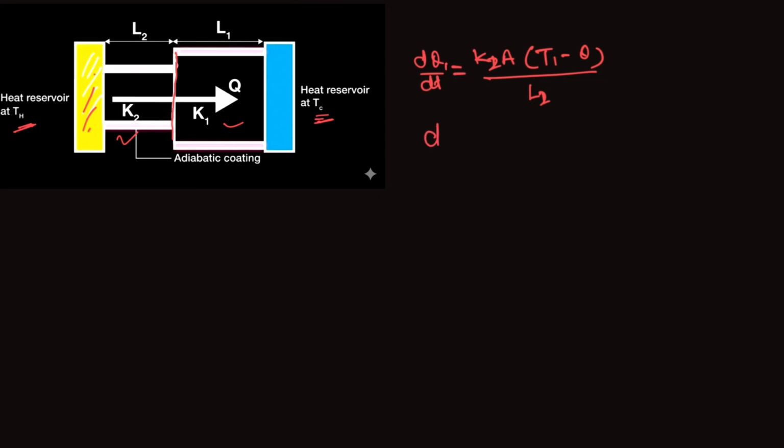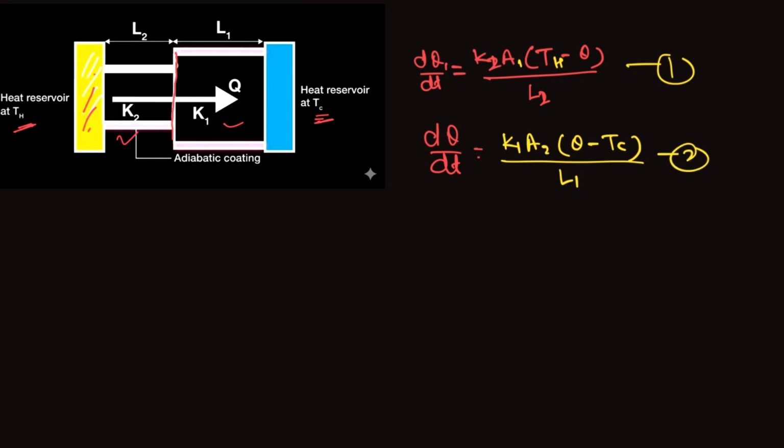And if I apply the same formula for the second case, dQ/dt will be equal to K1 A1, and this one is A2, that is (theta minus Tc), where this is Th and this one is Tc, divided by L1. Now if I equate equations 1 and 2, how can we equate them? Because whatever current is flowing from this to this, the same amount of current will flow from this to this one. It means the current flow will be the same.